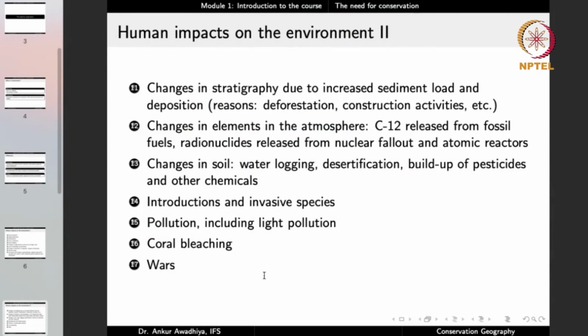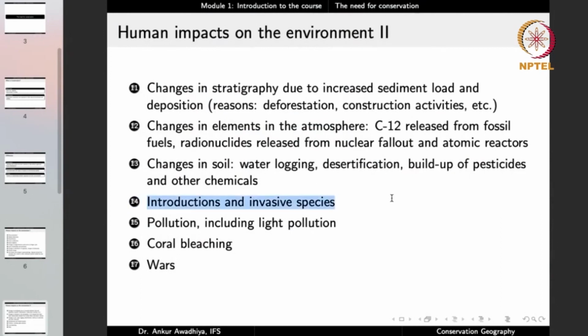So once an organism has been exposed to these pesticides, they are going to remain in the body of this organism for a very long period of time, probably till its death. And with biomagnification at higher echelons of the food chain, we are now observing huge toxicities. A large number of birds are now disappearing because of this biomagnification of pesticides. So that is another human impact on the environment.